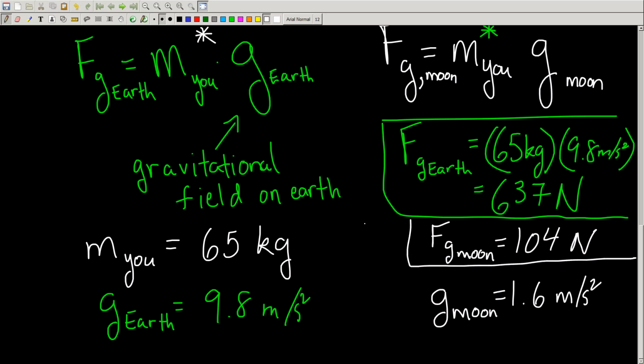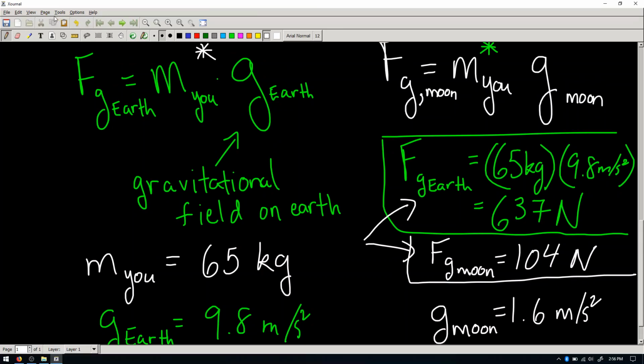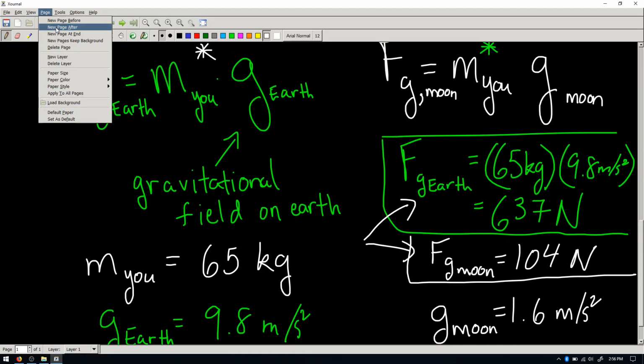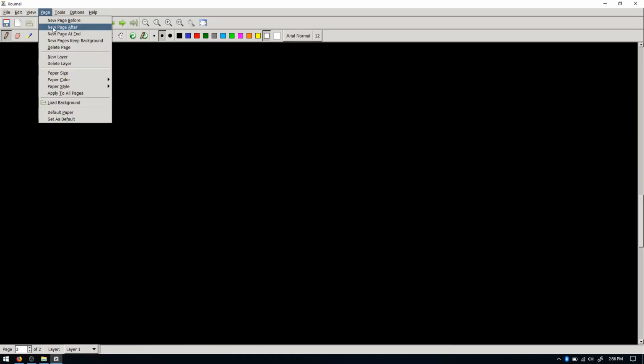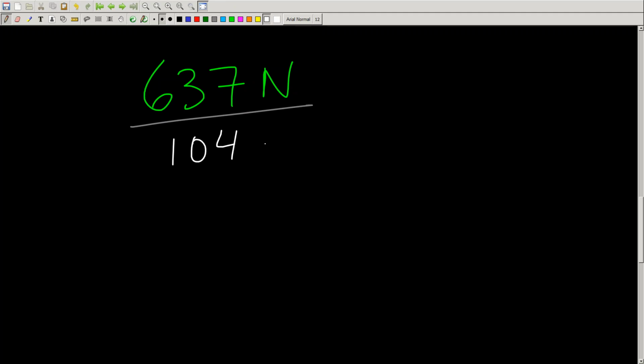Now, here's what I want to know. How much heavier am I going to feel on the Earth versus the Moon? Here's how I'd calculate that. Let's go on to a new page. So the two values were 637 newtons. Let's go ahead and divide that by 104.